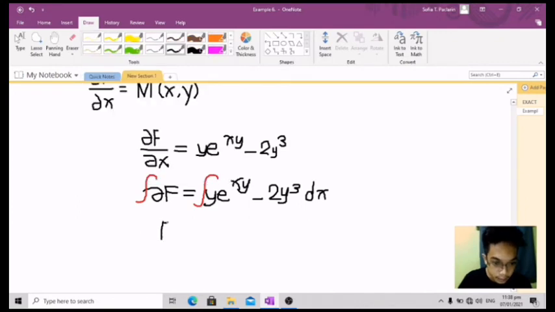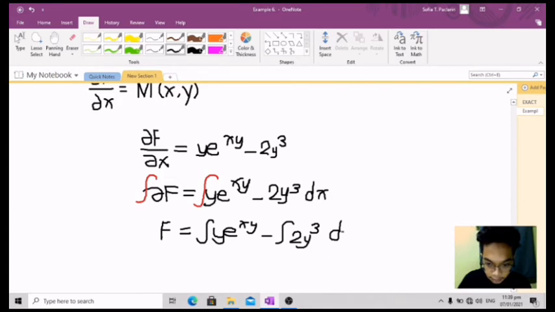So f is equal to the integral of ye raised to xy minus the integral of 2y cubed dx.